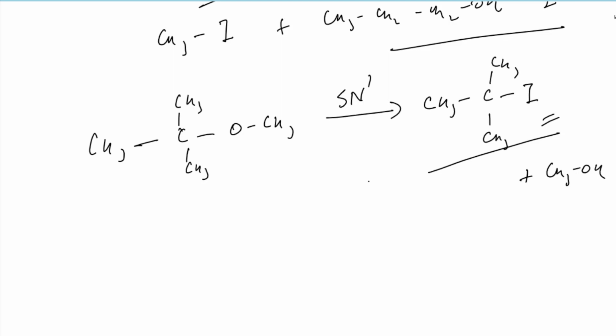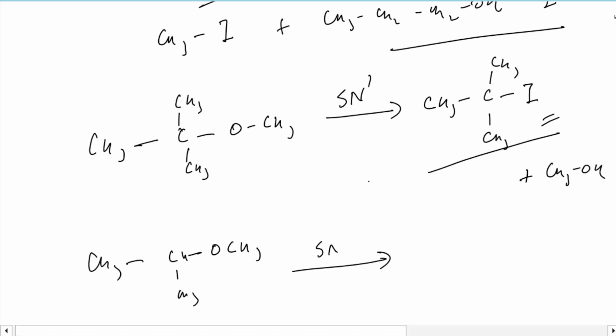Let's have one more question. CH3CH2CH(CH3)OCH3. Suppose this is the ether, and now this will proceed either by SN1 or SN2. This will definitely proceed by SN2. It's simple. If the R group is secondary, primary, or methyl, it will proceed by SN2.